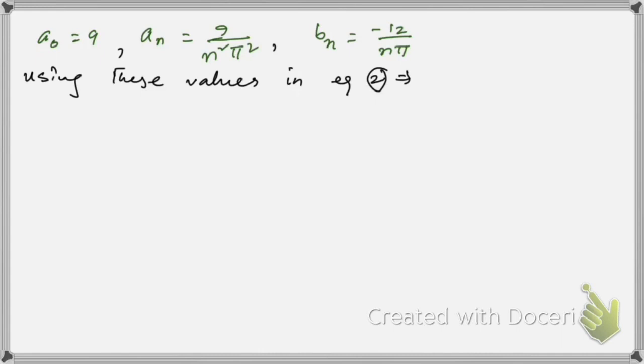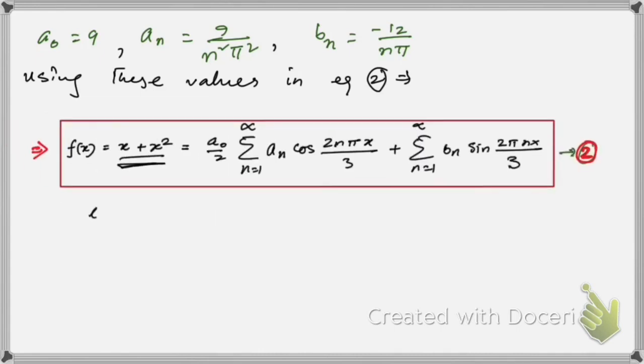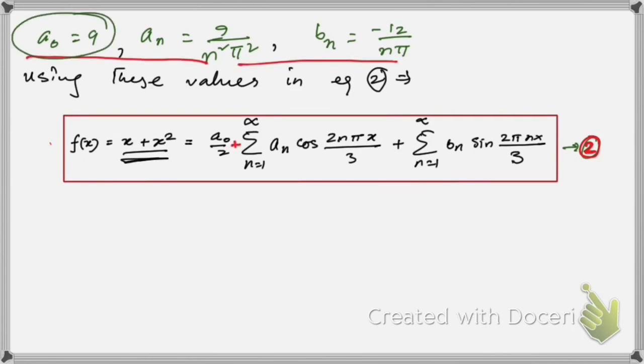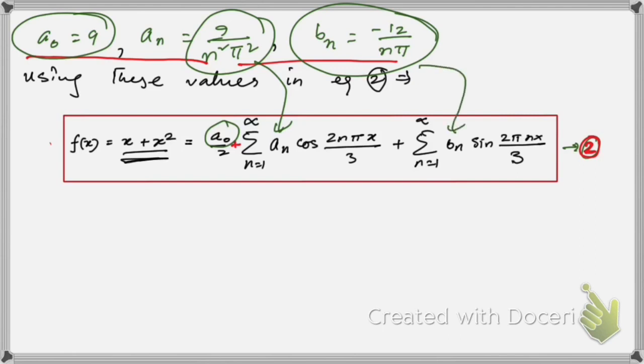So what was the equation number 2? So here is the equation number 2. Let me use it, so put the value of a naught here. a naught is equal to 9. Put this one here, and put this value of bn here, and doing so, what you will get.